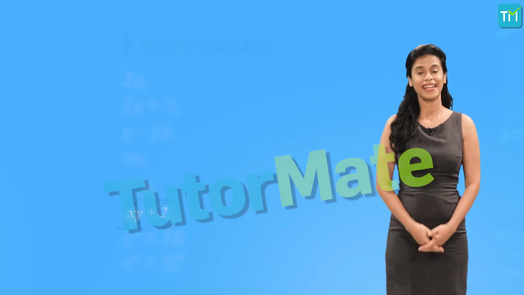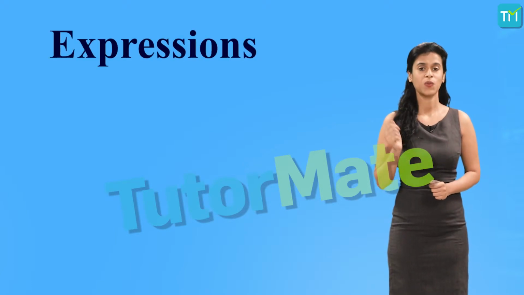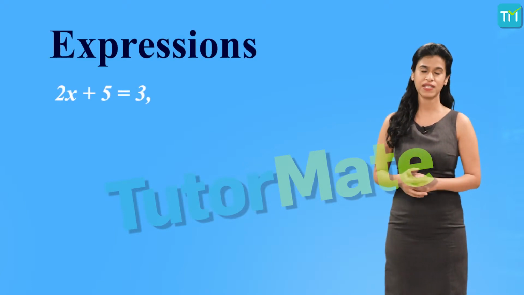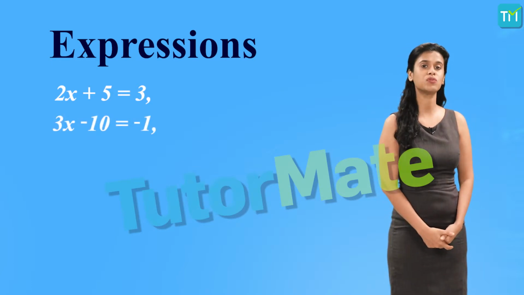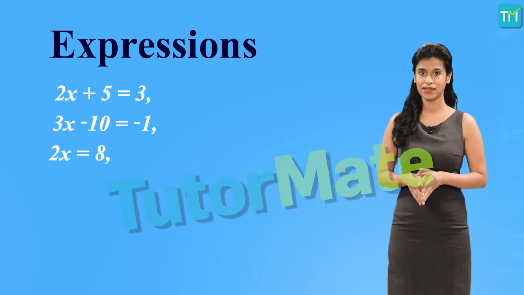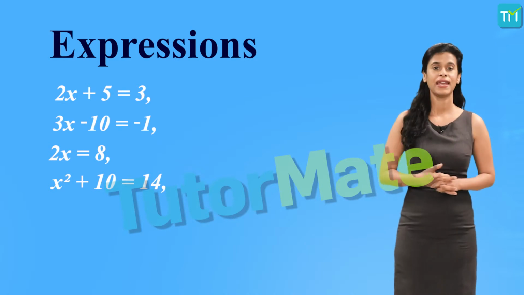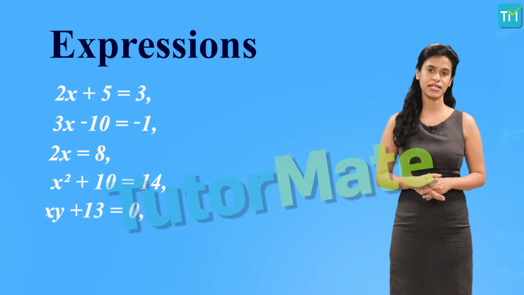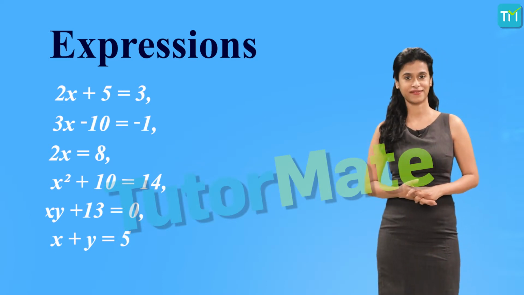Now I want you to have a look at another set of expressions. We have 2x plus 5 is equal to 3, 3x minus 10 is equal to minus 1, 2x is equal to 8, x square plus 10 is equal to 14, xy plus 13 is equal to 0, and x plus y is equal to 5.